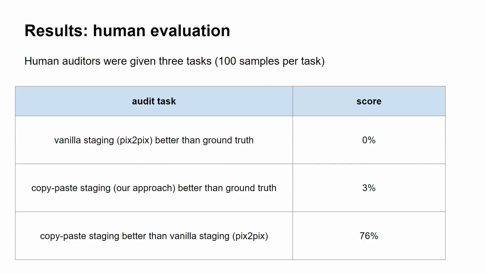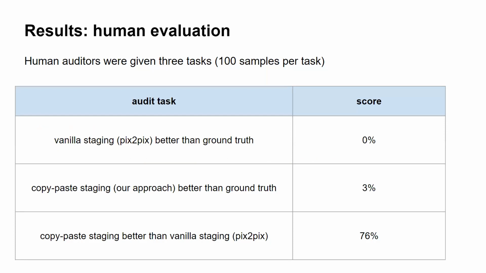We also had some quantitative evaluation. We had an audit team, and the auditors were given 100 samples each for 3 tasks, as explained in this table. The first task is to compare vanilla staging versus ground truth, and as expected, in none of the vanilla staging cases was the generated image better than ground truth.